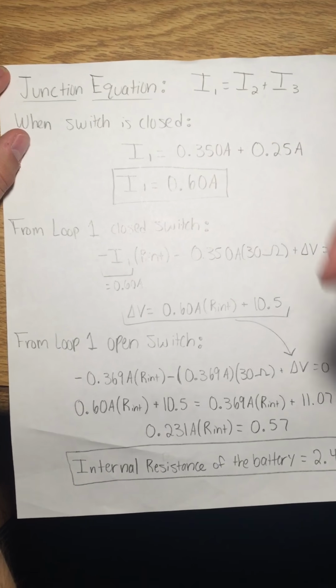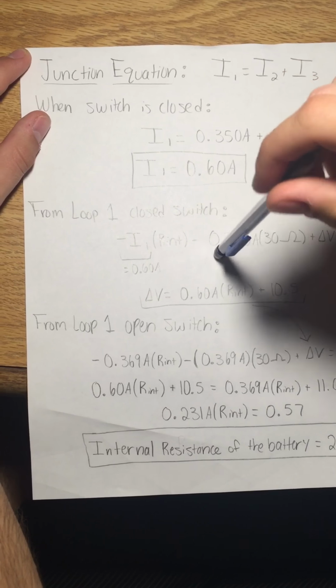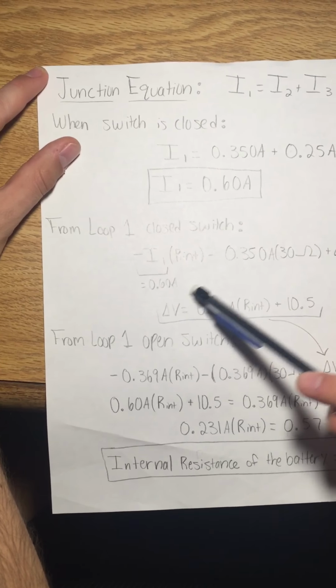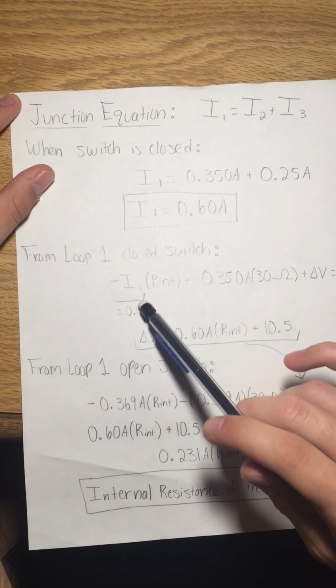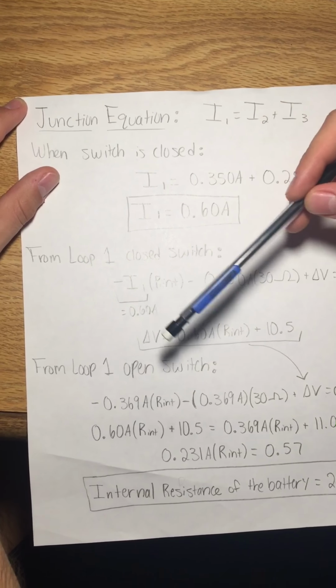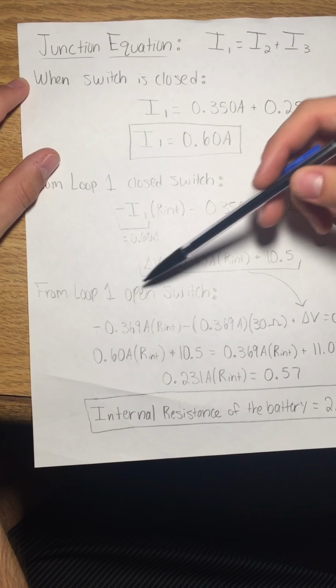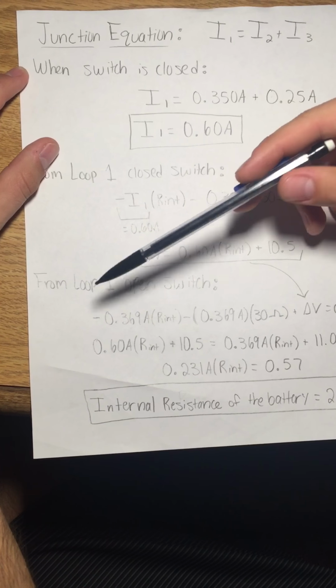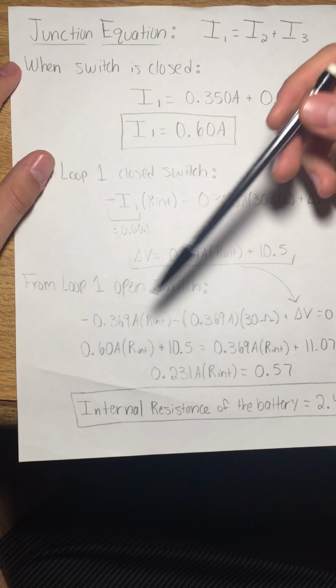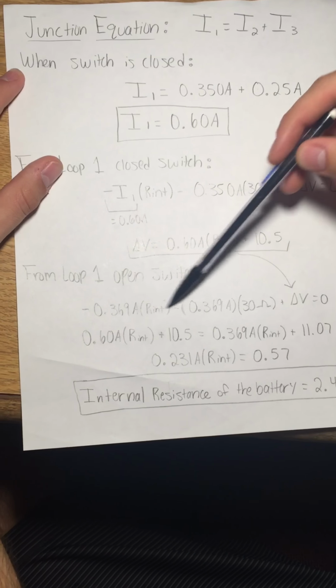Since we have two equations with two unknowns, we plug in what we knew and solve this equation for delta V. Then we plug this delta V into the open-switch equation from loop 1, stated earlier and rewritten right here.